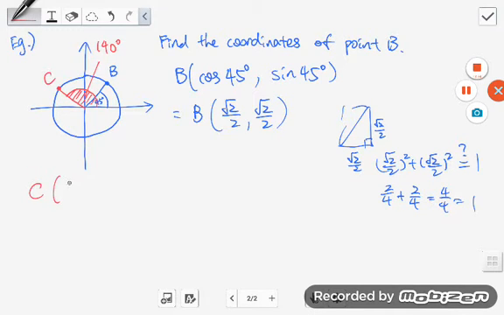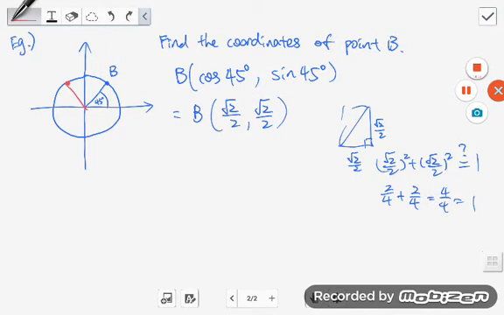My x coordinate would be, actually, you know what? Let me change the angle. I'll change the angle to somewhere, let's say here. The angle is all the way there. Okay? And I'm going to change the angle to 135 degrees. 135 degrees. Okay?